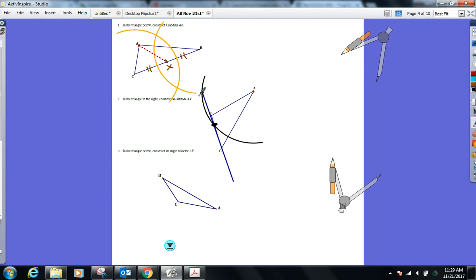How are we doing here? Two points of intersection. I always open up my compass slightly wider now for the next two steps. Make two arcs that intersect.